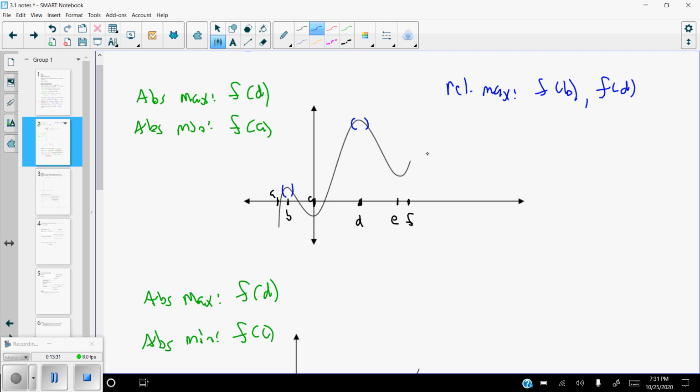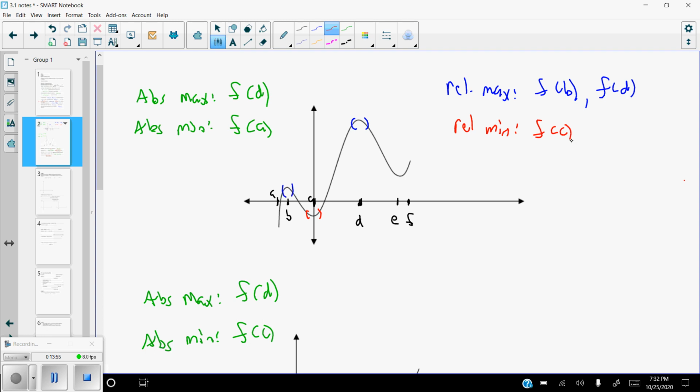We've also got relative minimums. I have a relative minimum here because I can surround the values there at C. I can surround those with an open interval, so I'm going to have a relative minimum at C, so it's going to be f of C. It's the lowest possible point within that localized region in the parentheses there, in that open interval.